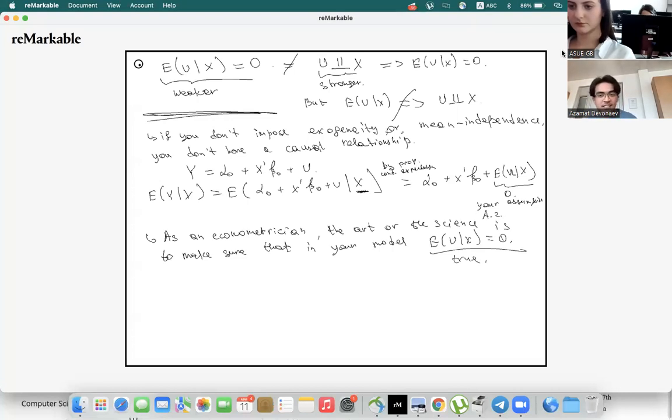Let me write it down. And it's not easy. You will see that there are plenty of issues like endogeneity, you have instrumental variables, there is a whole mess going on because of this assumption, since you cannot easily find these things in the real world.